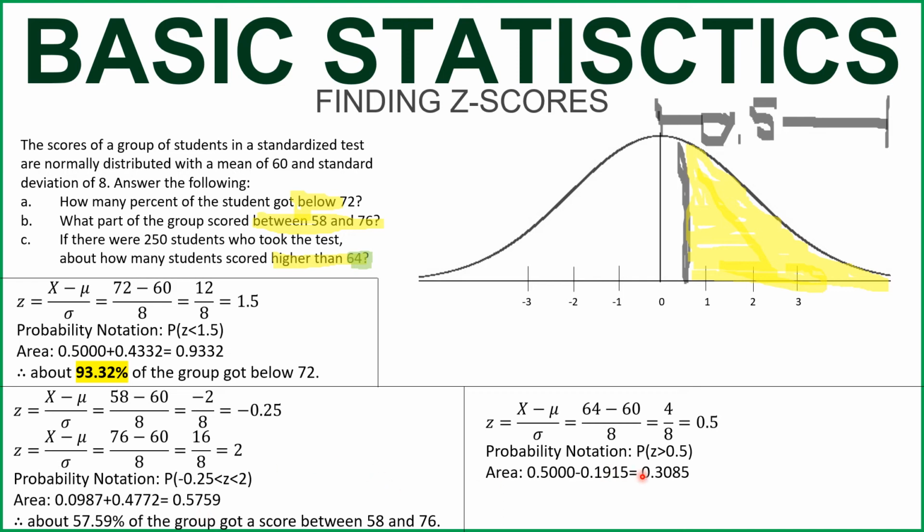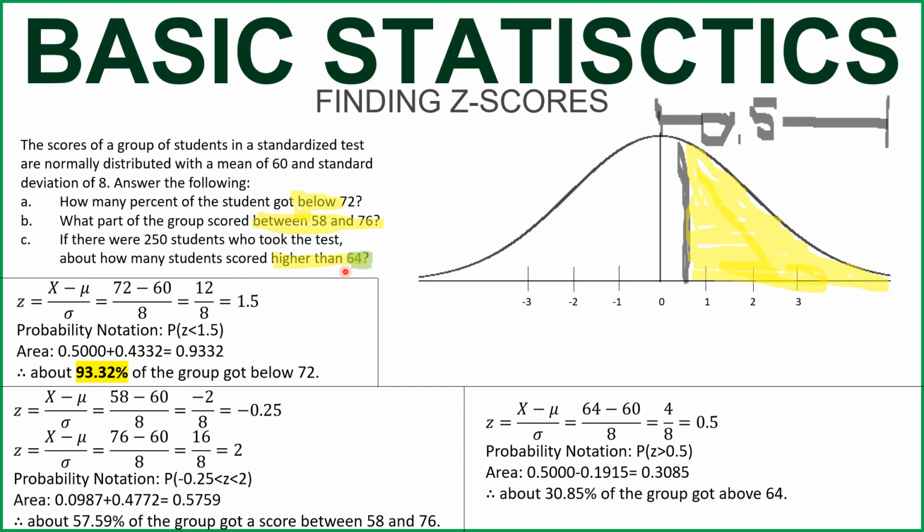So, what is our conclusion now? Therefore, about 30.85% of the group got above 64. So, para saan yung 250 students?